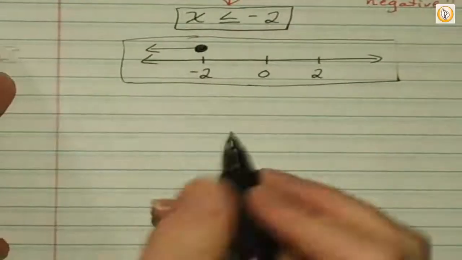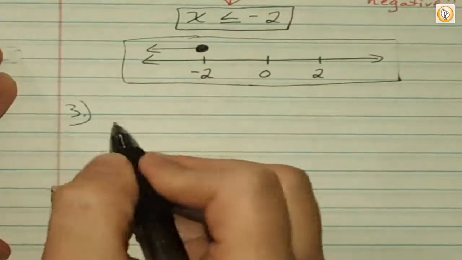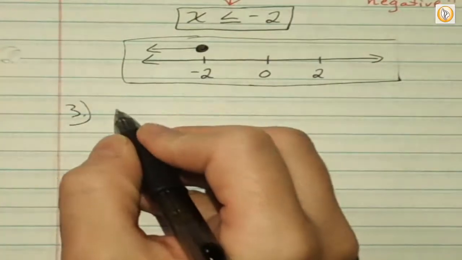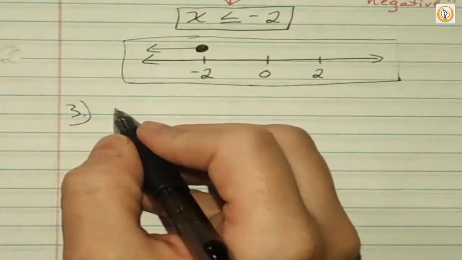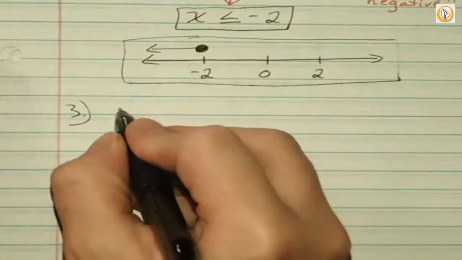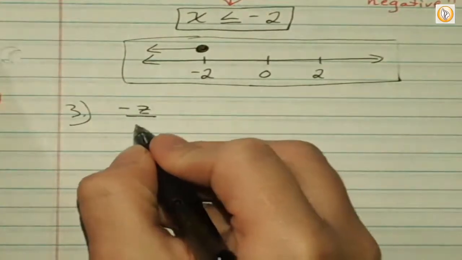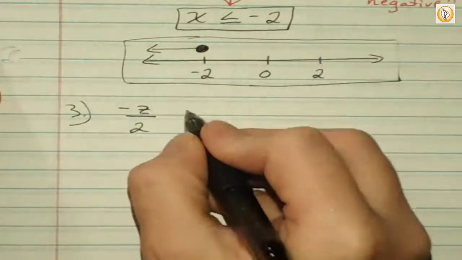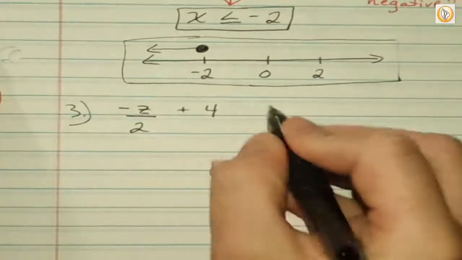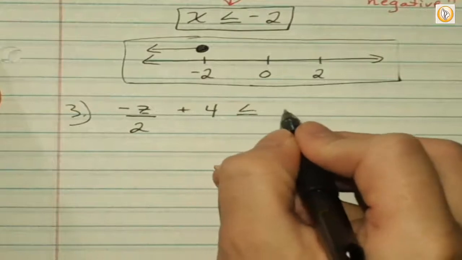All right, number 3, Emily. I have -z over 2 plus 4 is less than or equal to 2.